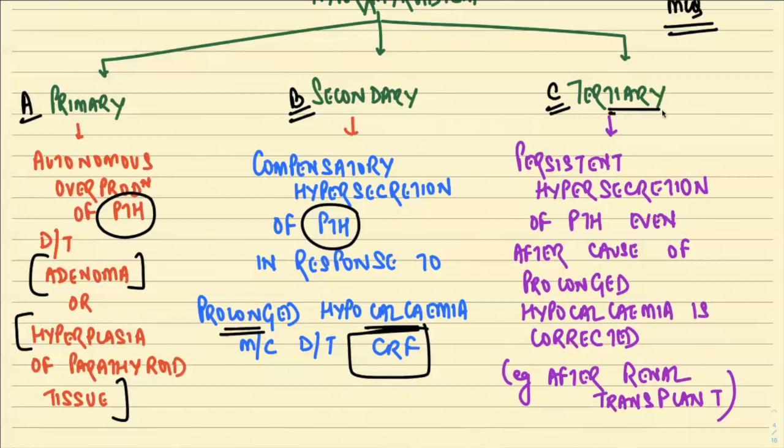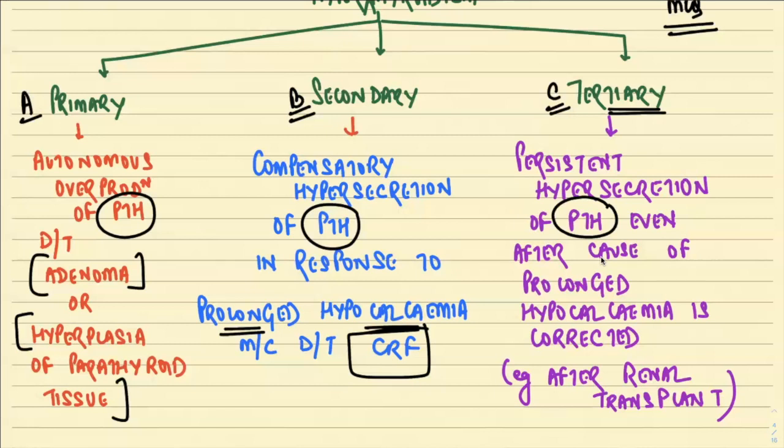In the tertiary type of hyperparathyroidism, there is also a persistent hypersecretion of parathormone. Over here also, it was because of prolonged hypocalcemia. Secondary hyperparathyroidism was also because of prolonged hypocalcemia.